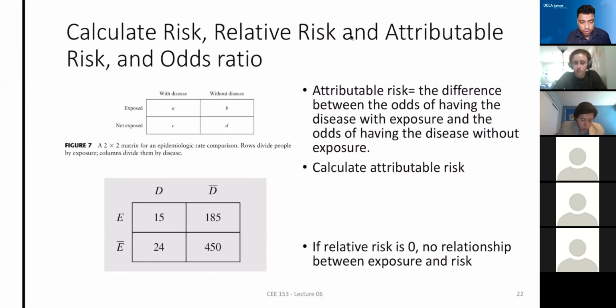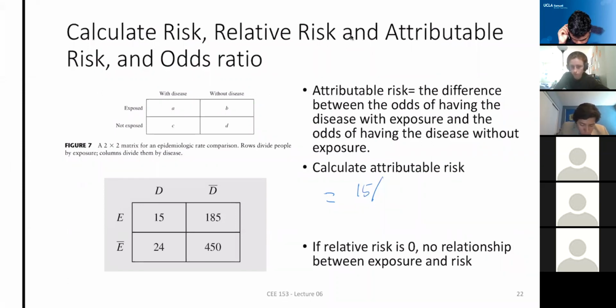So 15 people got disease with exposure, and the odds of having disease without exposure is 450.